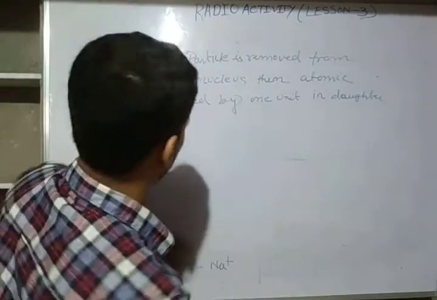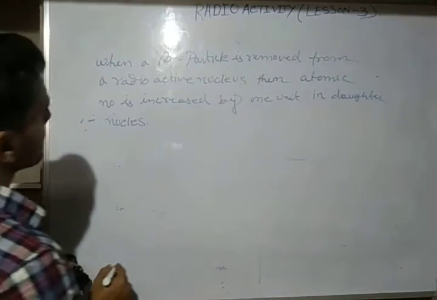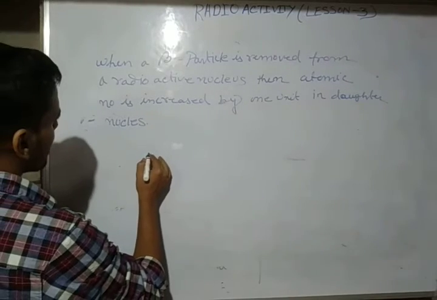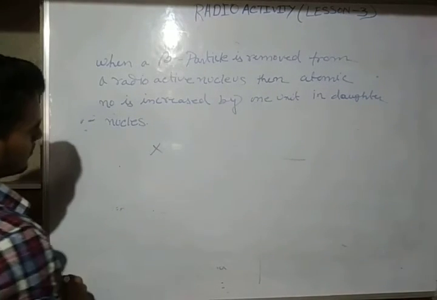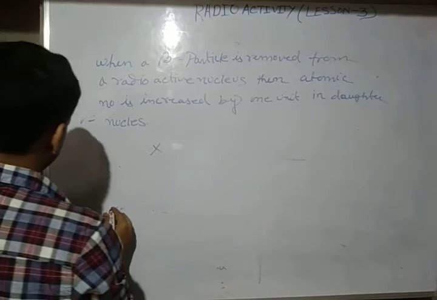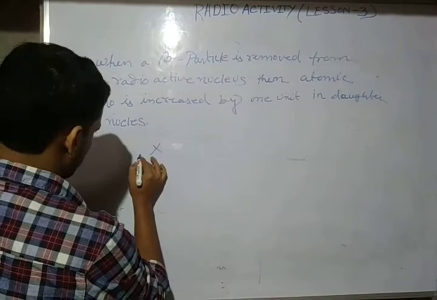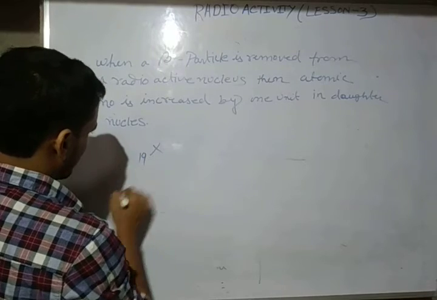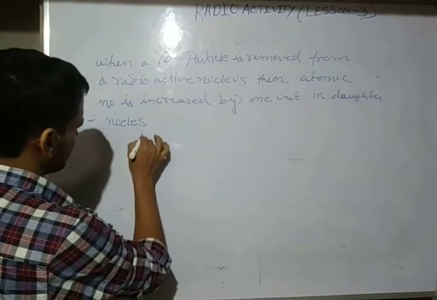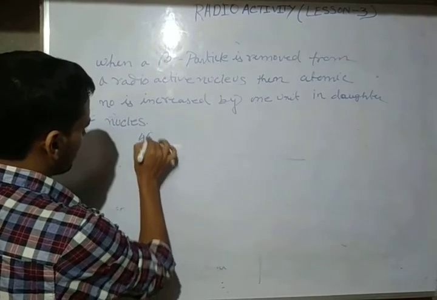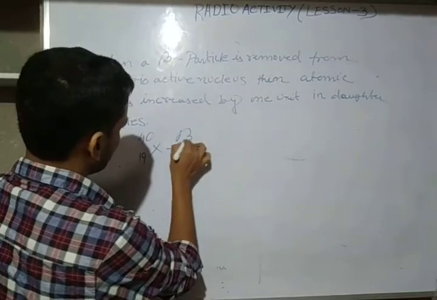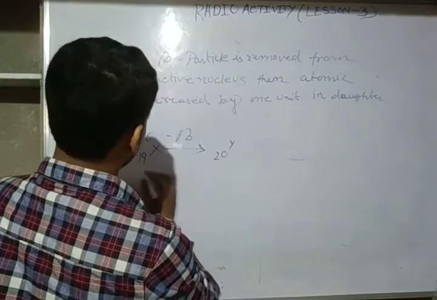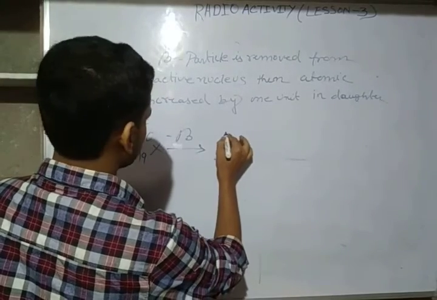Let's take an example. It's calcium-40 with atomic number 19. When a beta particle is emitted, then it becomes 20, daughter nucleus 40.